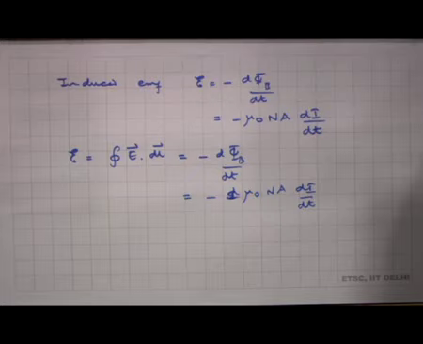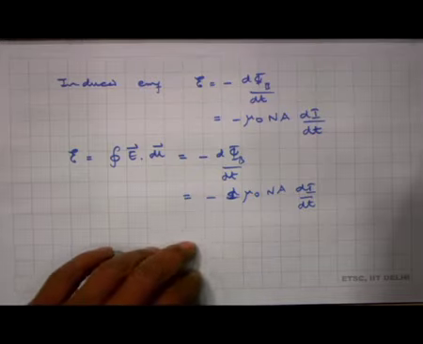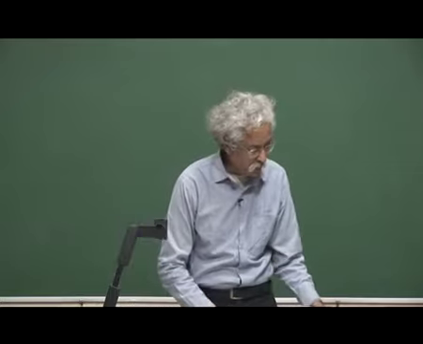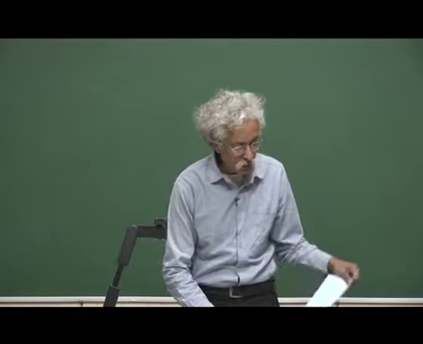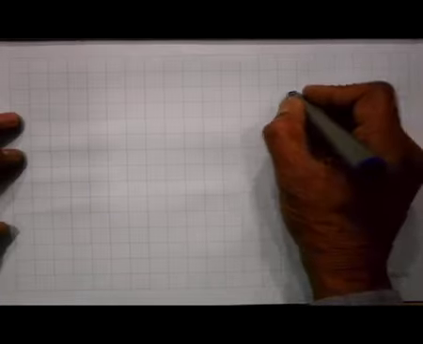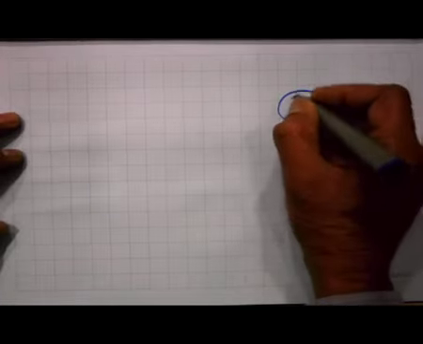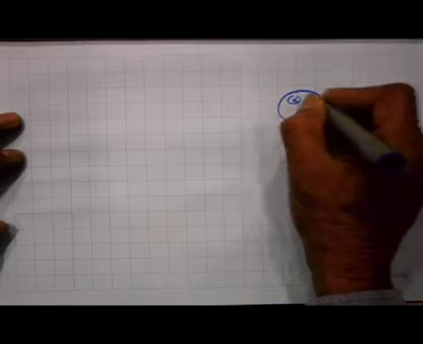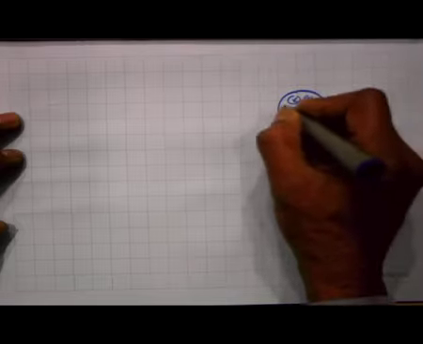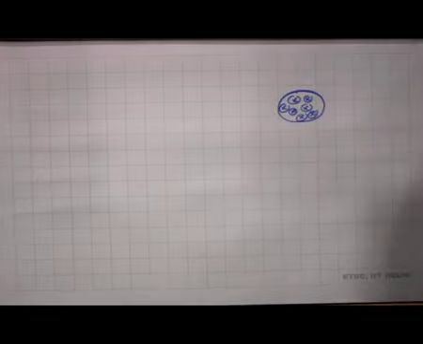Now, let me try to estimate what is the electric field produced by this changing current. So, for this, let me draw the cross section of this figure. So, this is my solenoid, and let me assume that the magnetic field is pointing inwards, uniform magnetic field pointing inwards, and my conducting loop is outside.